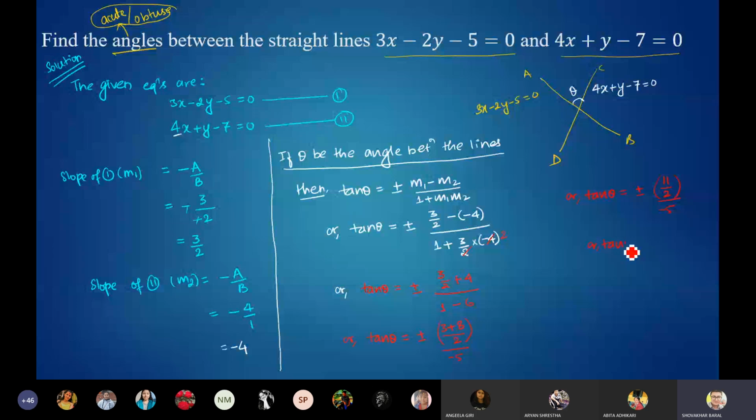Or tan theta is equals to plus minus, so yesterday I talked about it, it will be minus 11 by 10. Just leave it as it is. Solve it up to here. I'll explain it from here. Solve it up to here, please. Tell me when you finish, okay?